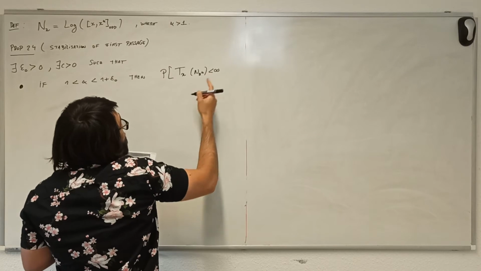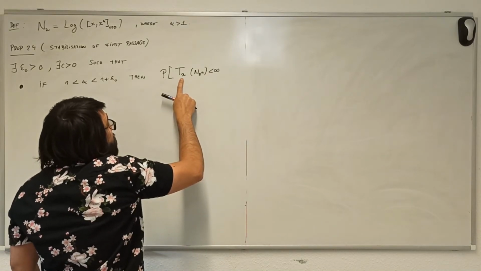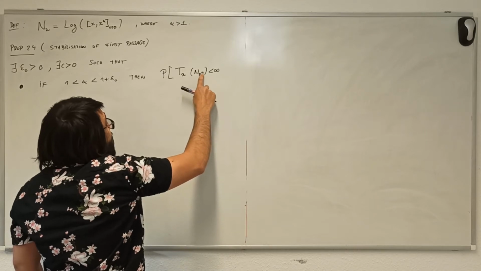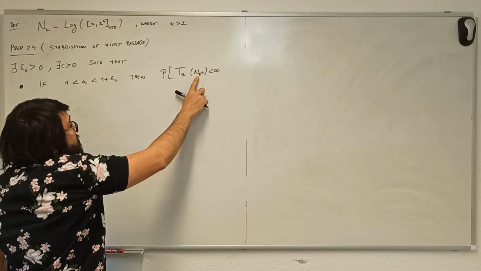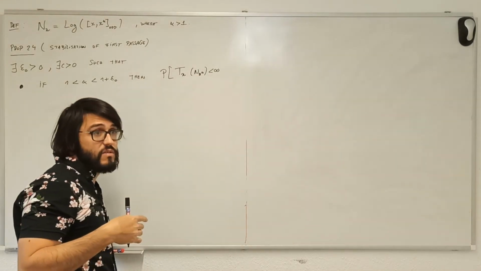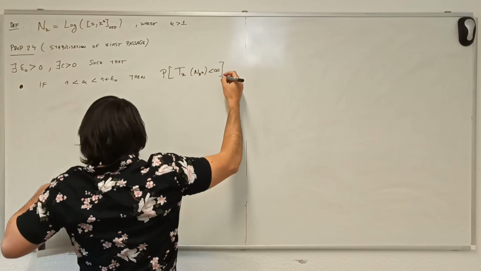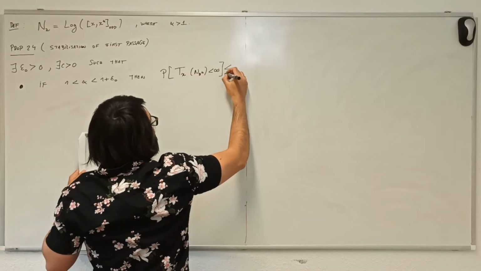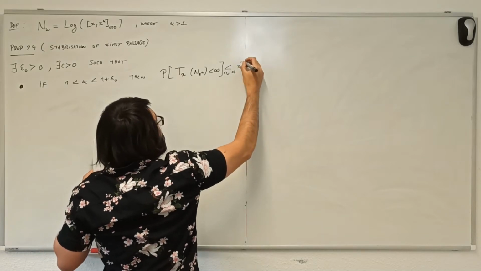So this is an event because T of x is a well-defined function on the natural numbers, and x to the alpha is just a random variable which is integer valued. So this makes sense. And the probability is much less than a constant dependent on alpha, times x to the minus c.